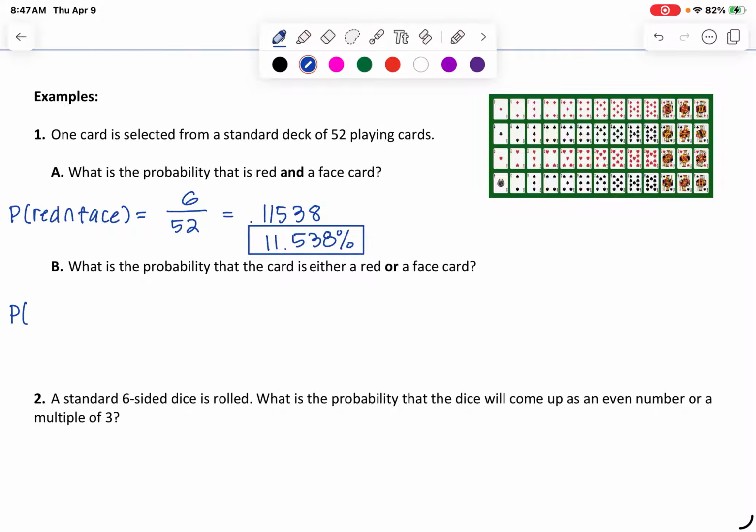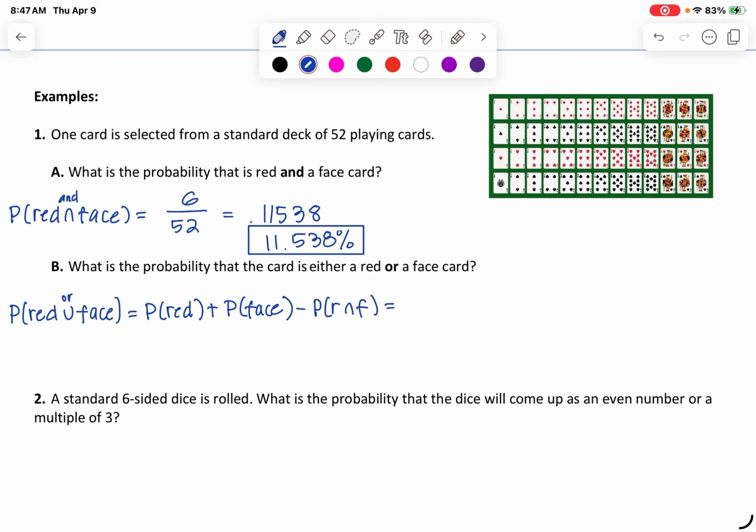So we're going to do the probability of red union face card, which is red or face card, and the previous one was and. To do that, we're going to take the probability that it is a red card, add the probability that it is a face card, and then subtract any red face cards.